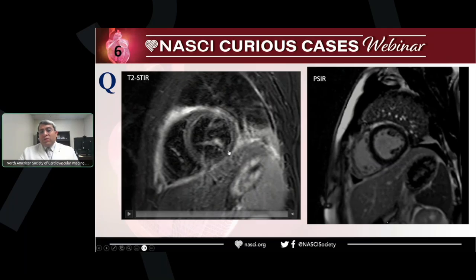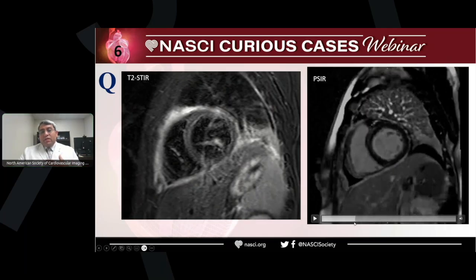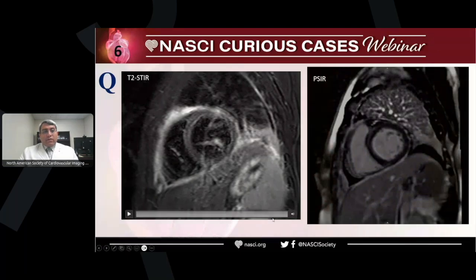So there is not much signal here. So there may be myocarditis before, yes, but what is evident now, and the patient presented with chest pain, is pericardial enhancement or pericarditis with some pericardial effusion as well.